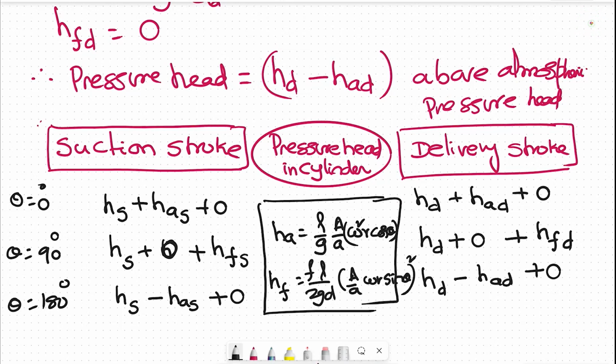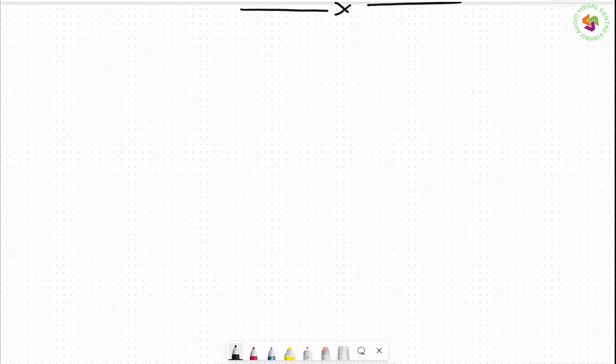So this is the thing. Accordingly, if you substitute the theta value, you get these things. This we will stop here. Now I will draw the indicator diagram. Please closely follow.